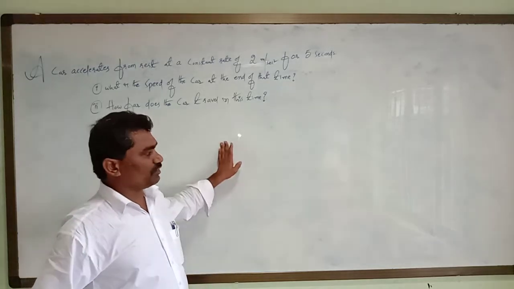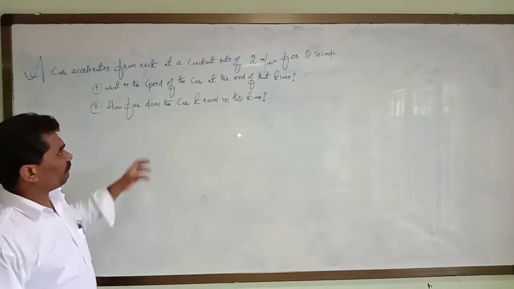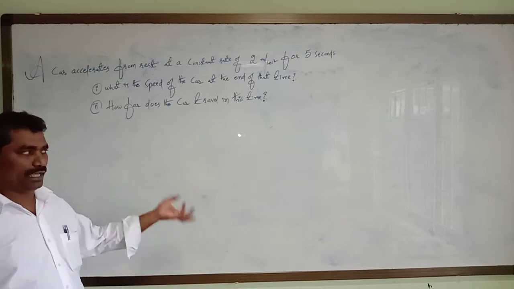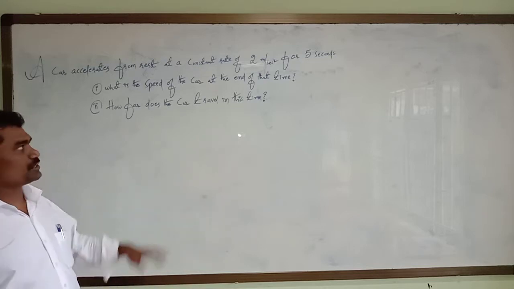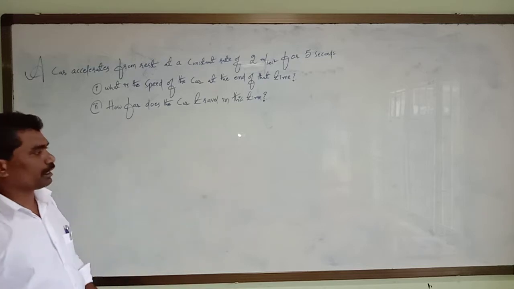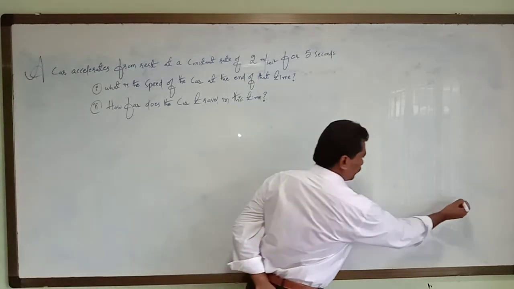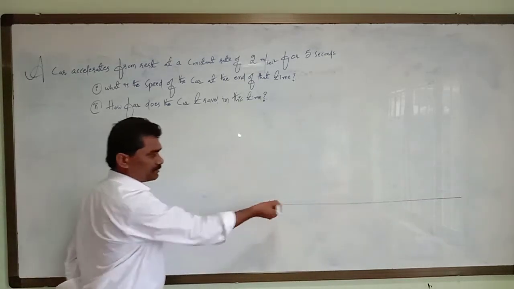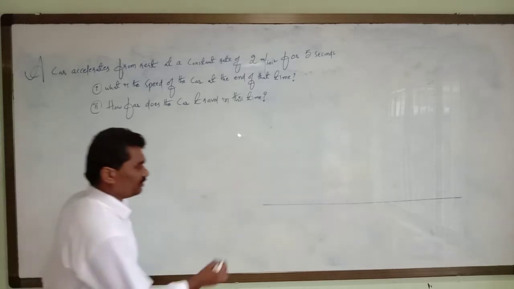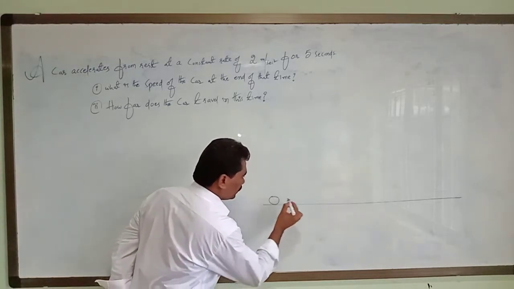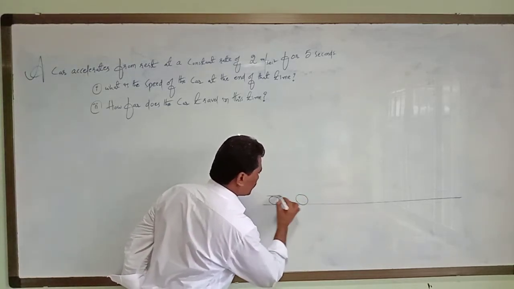Okay, so first of all, before going to solve this problem, we will draw the diagram based on the data which was given. Let us assume this is a road on which one car is there.